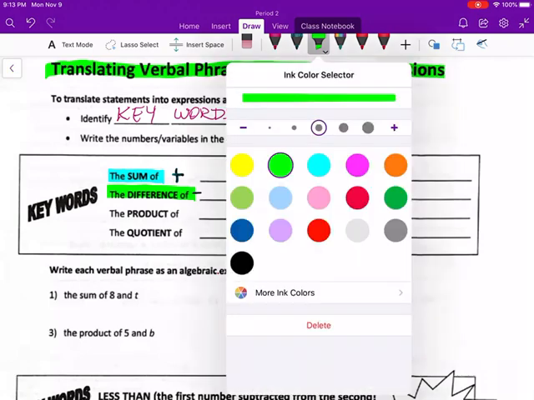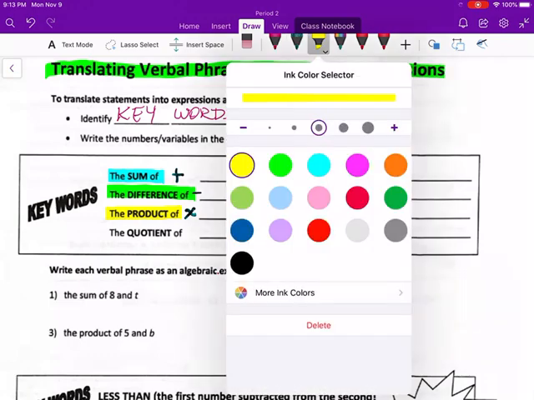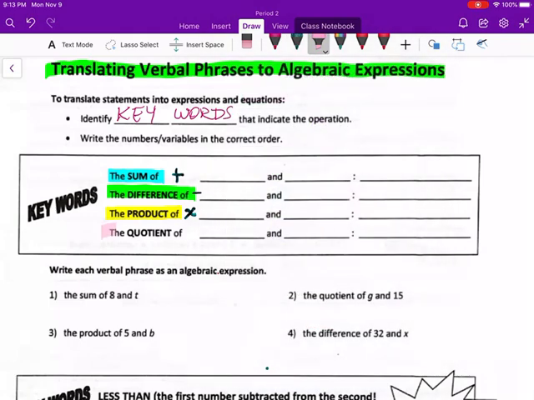The product is, you probably recall, multiplication. And the quotient stands for division.